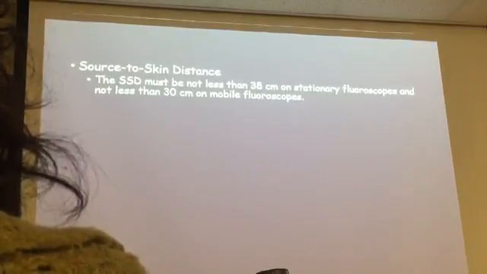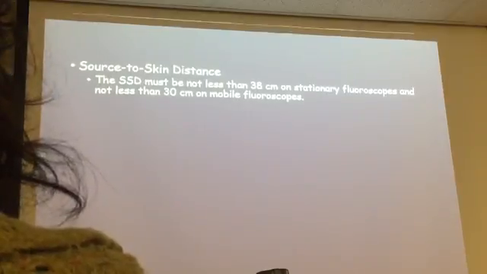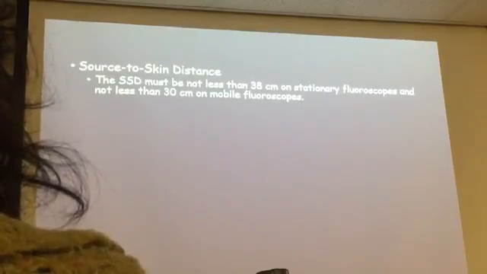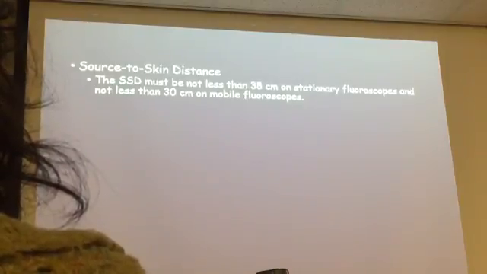Stationary means the ones you have in the fluoro rooms. And no less than 30 centimeters on mobile fluoroscopes, your C-arms. You don't want to get any closer than 30 centimeters. I don't know if you have noticed, but C-arms should have a plastic cone at the end, where the X-ray tube is.